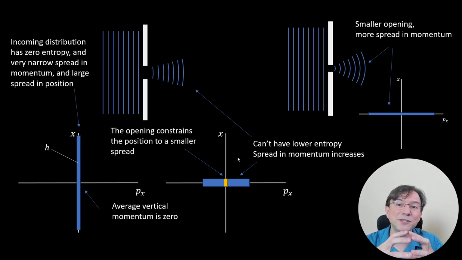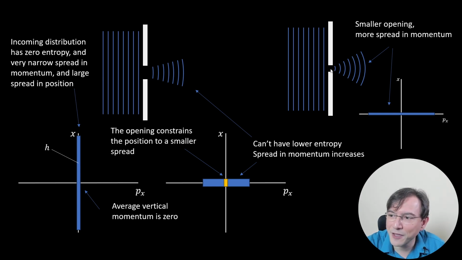And so we need to restretch our distribution in terms of the momentum. So the distribution that comes out of the slit must have a bigger spread in momentum. But if it has a bigger spread in momentum, there are parts that are going to go up and parts that are going to go down. And therefore, it's going to diverge, it's going to diffract.